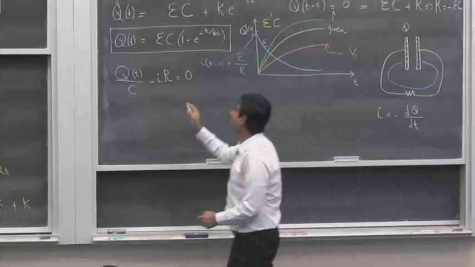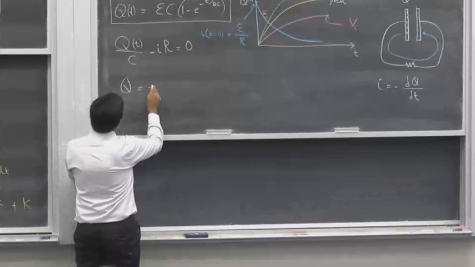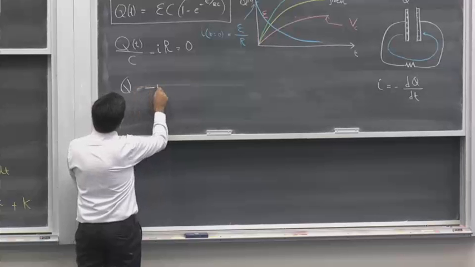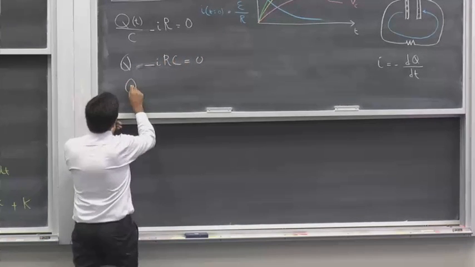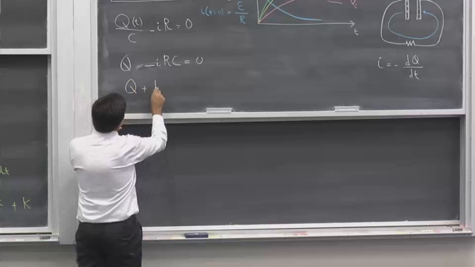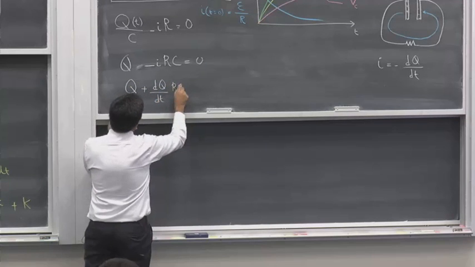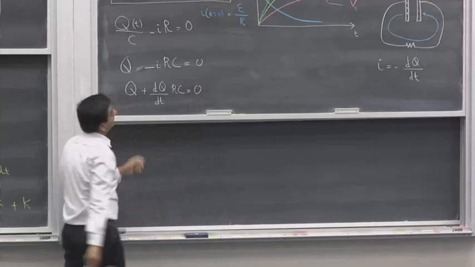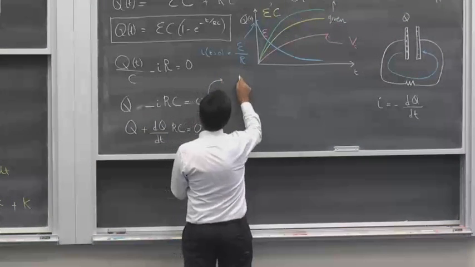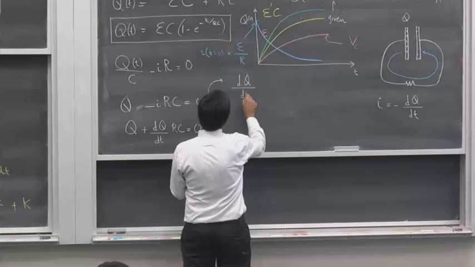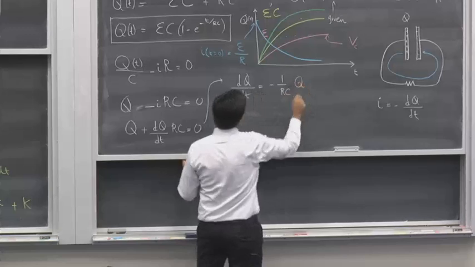So I put this in here: Q minus IRC equals 0, which really means Q plus dQ by dt times RC equals 0, which means dQ by dt equals minus 1 over RC times Q.